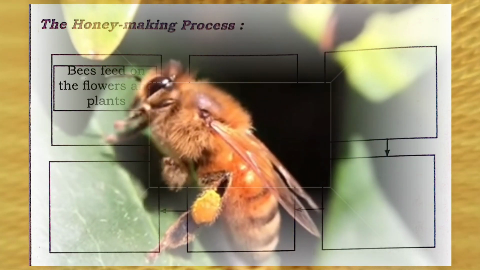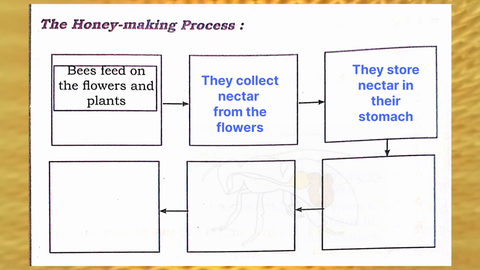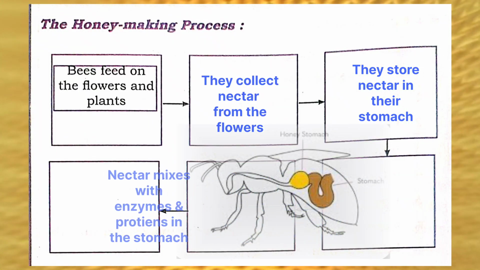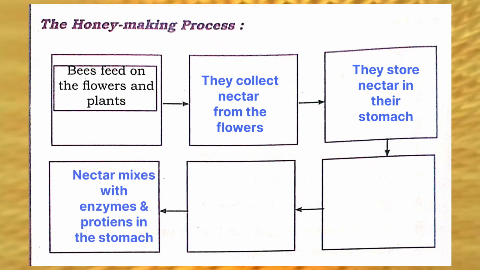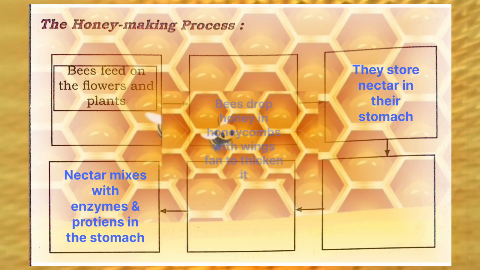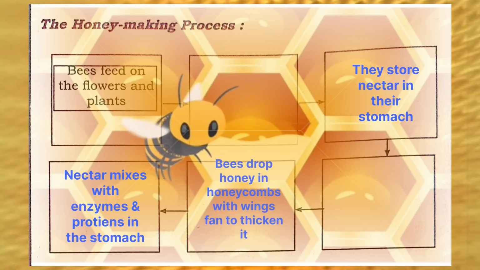They store nectar in their stomach. Nectar mixes with the enzymes and proteins in the stomach. Bees drop honey in their honeycombs. With their wings they fan to thicken the honey.